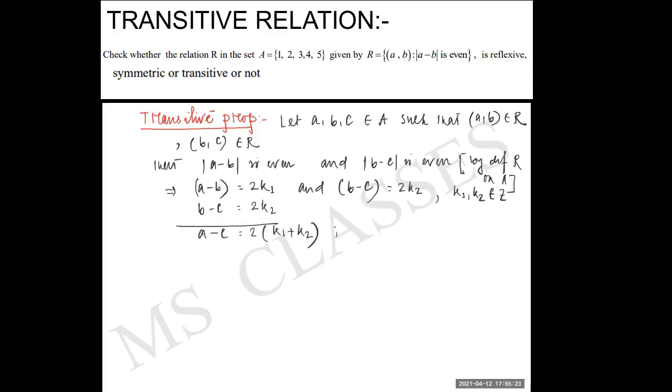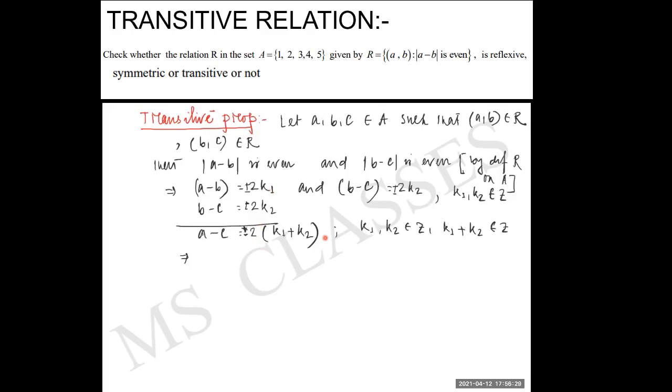Now when K1, K2 belong to Z, sorry, not R, then K1 plus K2 should also belong to Z. So plus minus 2K1 plus minus 2K2, and when you add them, you get plus minus 2 times (K1 plus K2).